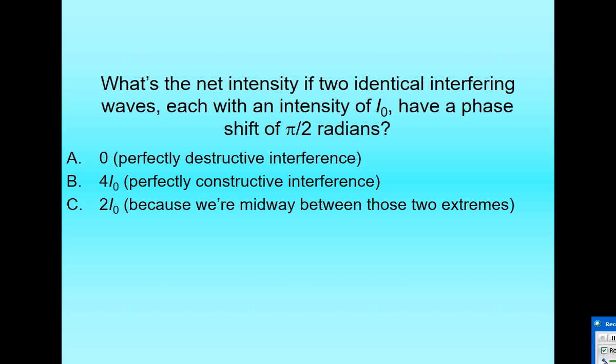Will it be 0 because of perfectly destructive interference? Would it be 4I naught because of perfectly constructive interference? Or would it be 2I naught because we are midway between those extremes? Think about it. Don't hesitate to ask questions.